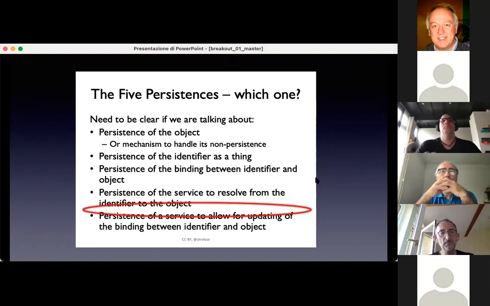It's supposed to bind the last two. The persistence of the object, the identifier, and the binding are known problems. We have solutions. Everybody does. The one that exercises us the most of these last two is the persistence of the service, in this case the service that the DOI Foundation offers. Go to the next slide, please.